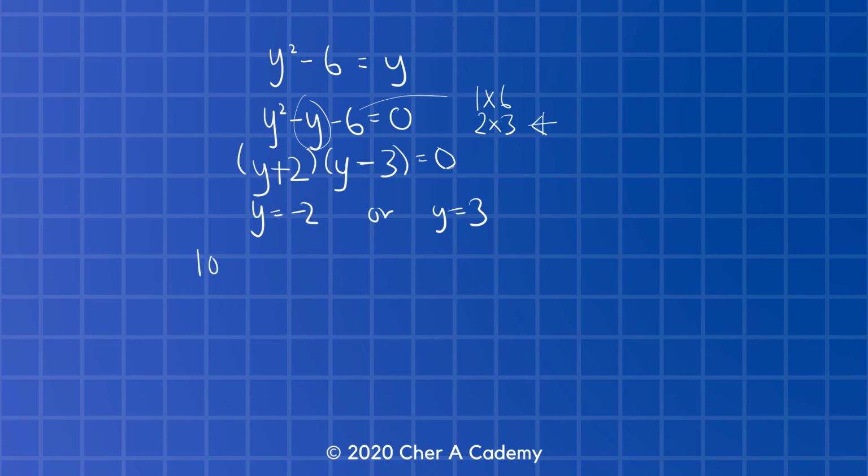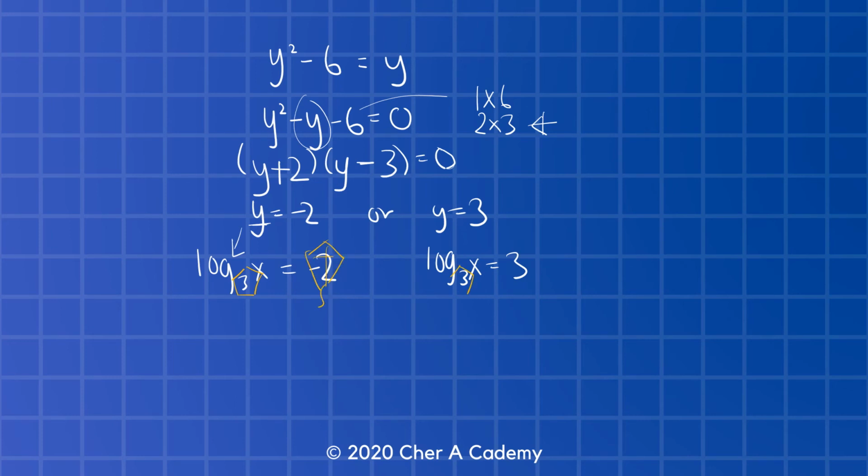Then I'll bring back my log base 3 of x, which equals negative 2. I'm replacing the y with log base 3 of x. Same thing here. So how do we solve this? We have to change this to the index form. Let's just do a little recap. This is my base and the number on the outside is my kite, right?